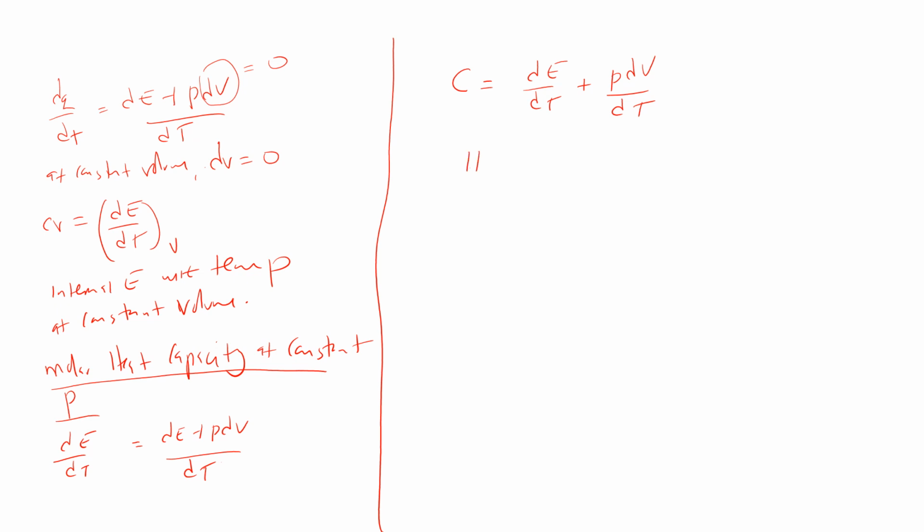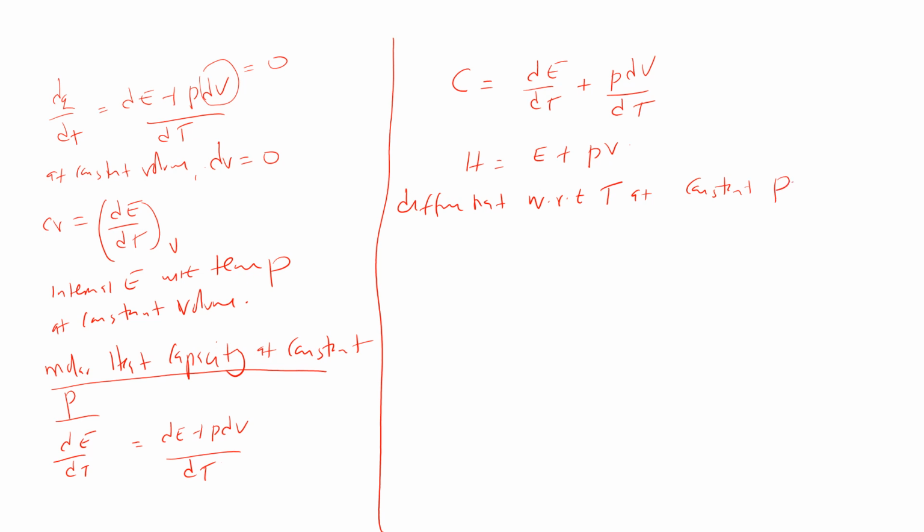But we know that H is equal to E plus PV. We differentiate with respect to T at constant pressure.